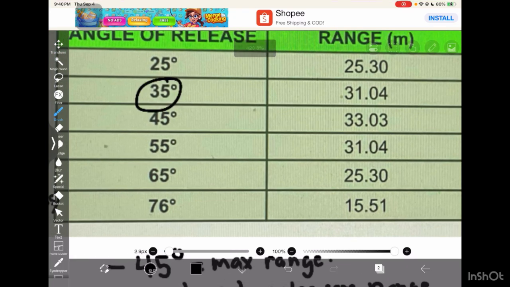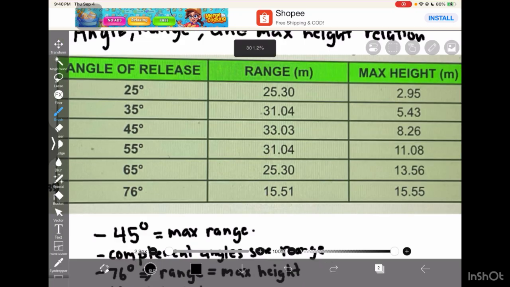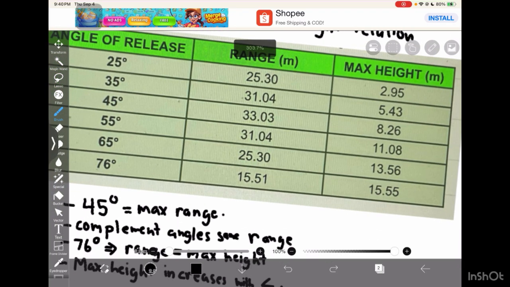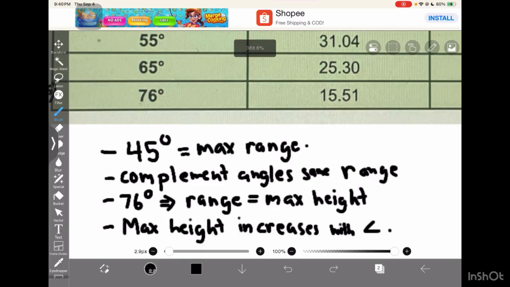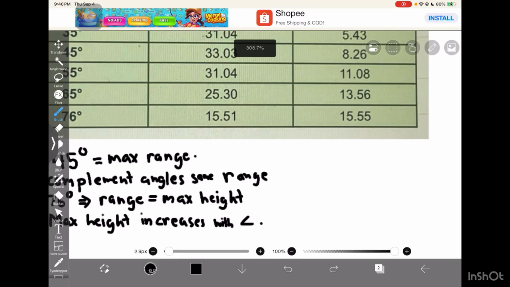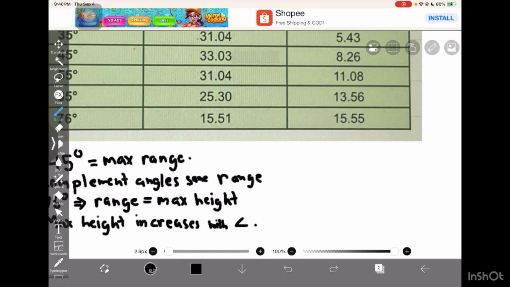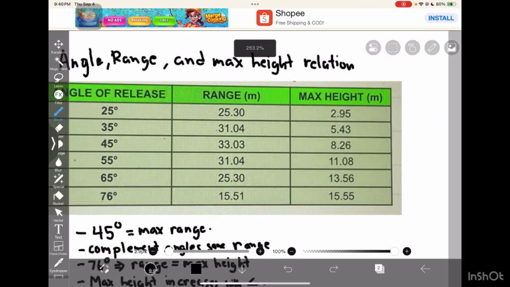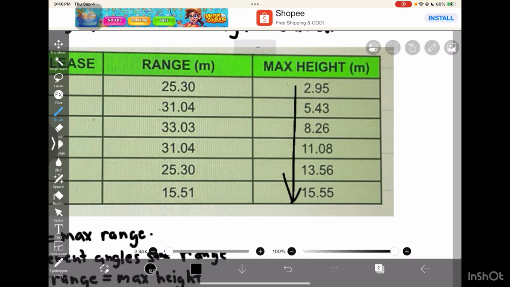It's because 35 plus 55 is 90, and any pair of angles that sum up to 90 will have the same range. And then at 76 degrees, something interesting happens: the range is roughly equal to the max height. And lastly, max height increases the more you increase the angle.